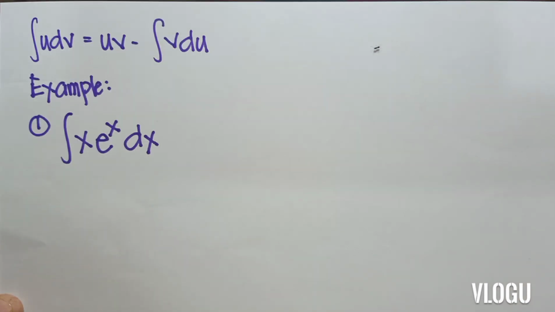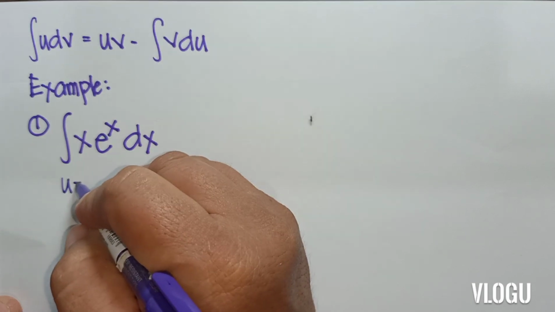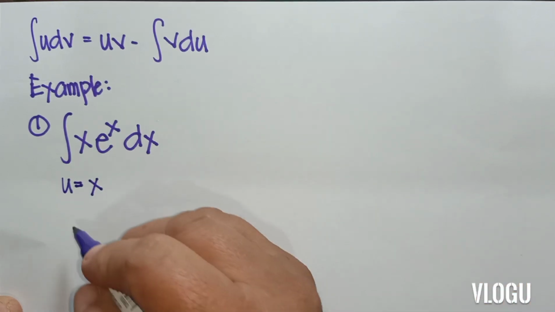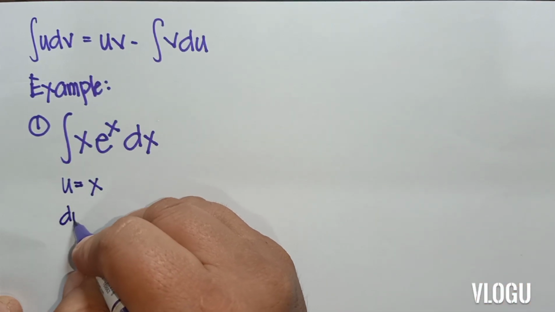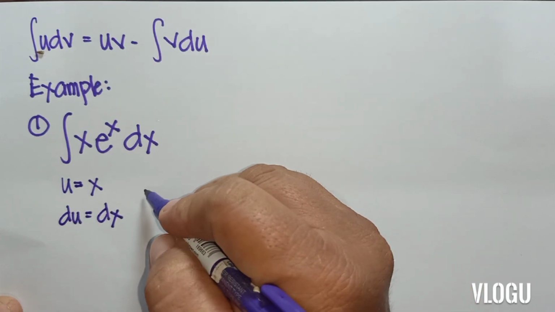So, we have our first example. We are going to find the integral of x e to the x dx. u is equal to x, and the derivative of u is du equal to dx.